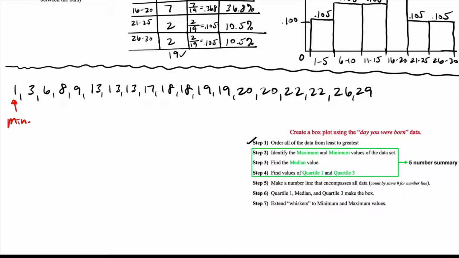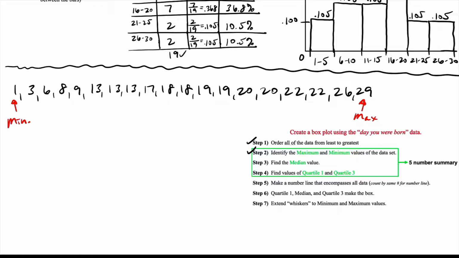The highest number, 29. No one has any birthdays higher than 29. Oops, not min, max. That's the highest numbered birthday. 1 is the lowest numbered birthday, and 29 is the highest numbered birthday. That's the second step. Done step 2.